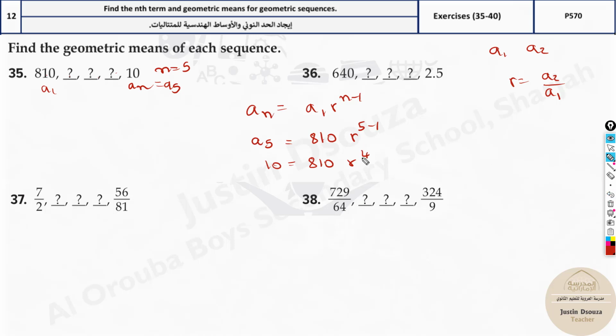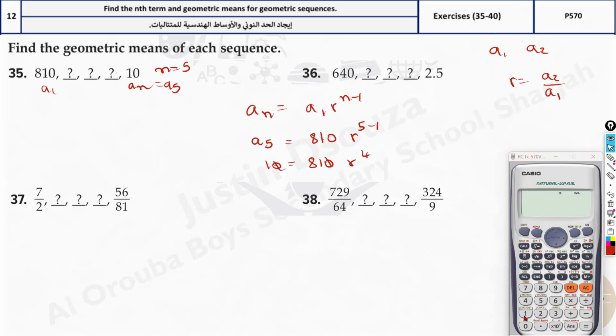So you can directly put this in the calculator and solve, or you can simplify it, and you can take 81 to the other side and take the radical 4. But I'll show you how you can do it directly in the calculator. Now you can write 10 equals, I've considered the original function, not removed the zeros. So 810 multiplied by r, the variable, so we'll consider it to be x, to the power 5 minus 1.